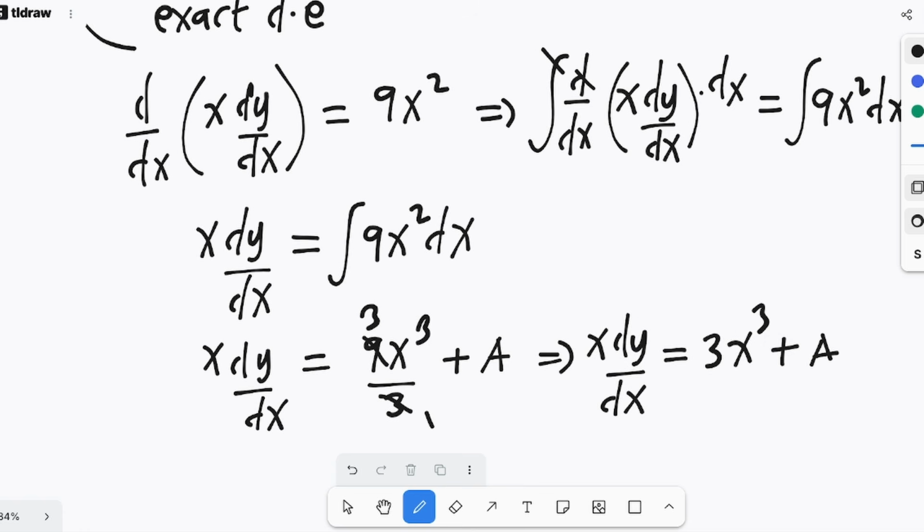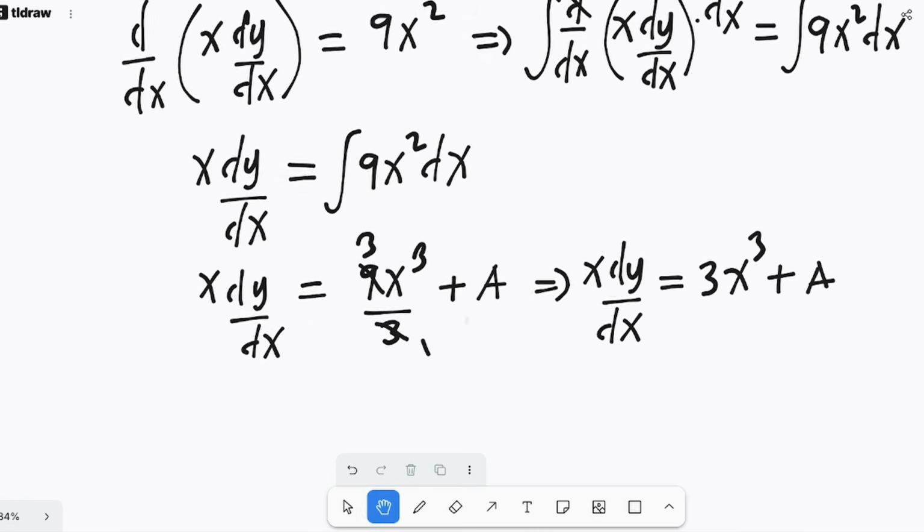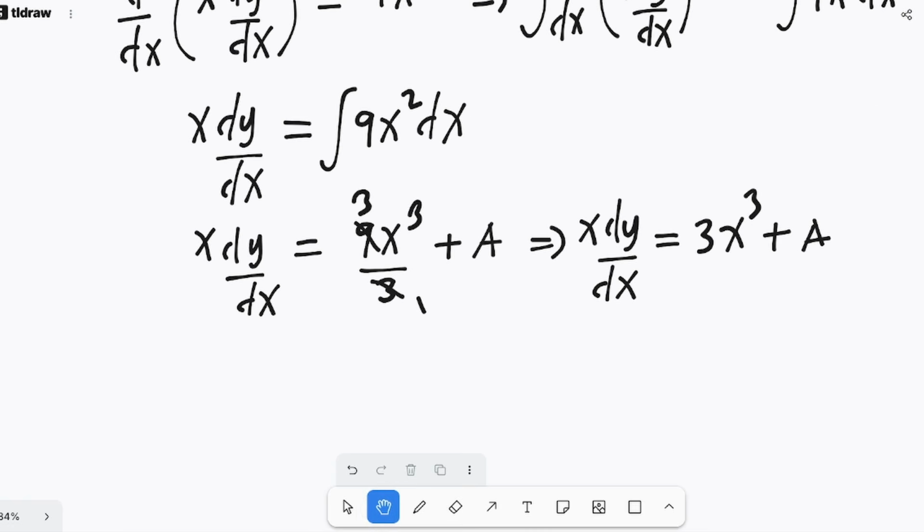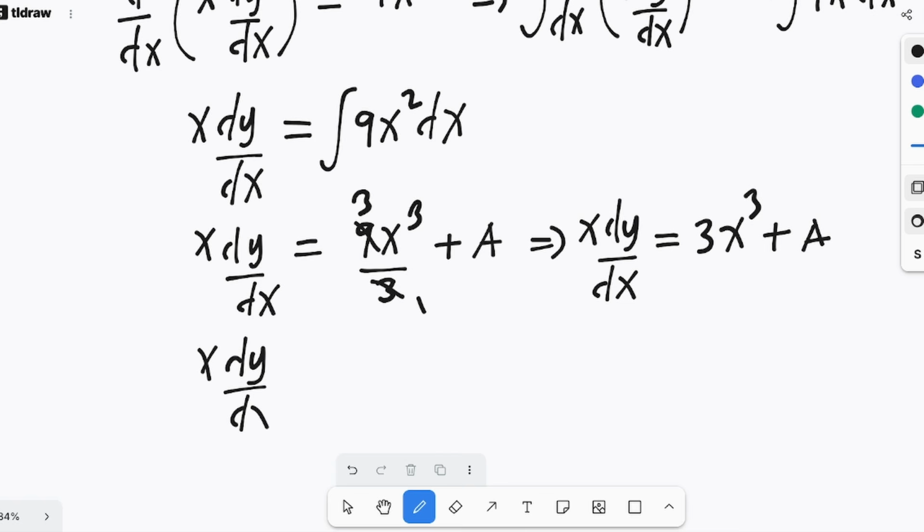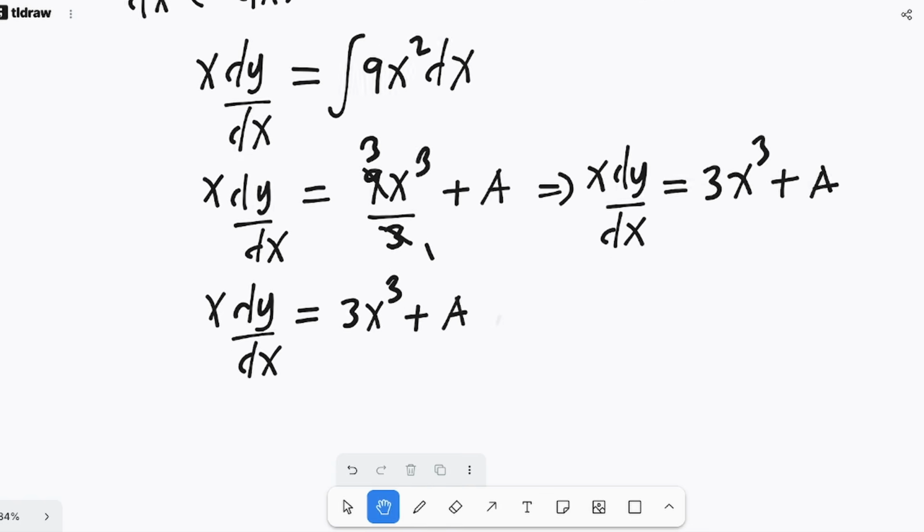Good. Now if you look at the differential equation that we have, we can go for separation of variables. Let us begin by rewriting it before we divide through by x. My aim is to make sure that people can simply understand mathematics in the cheapest way possible without struggle, because math is a beautiful thing.